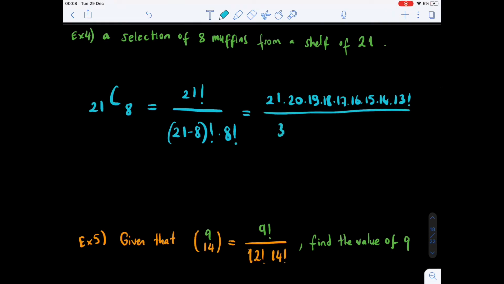Here we have 13 factorial, because 21 minus 8 is 13, times 8 factorial. You can simplify the 13 factorials, and this is a little bit bigger than what I would like to handle. So you're going to grab your calculator and do the rest.